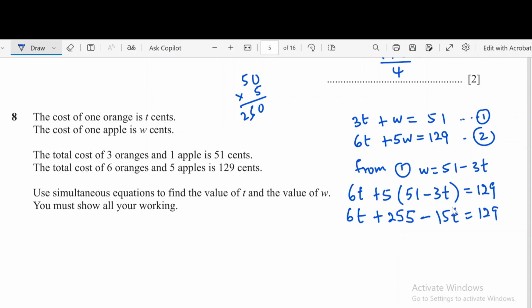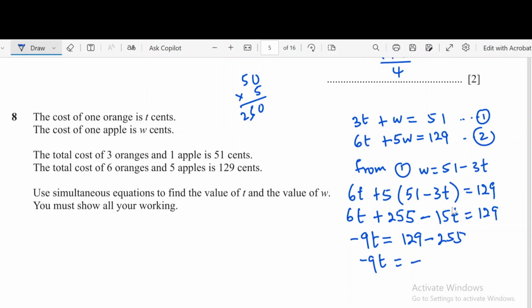Okay, so let's see what we are going to do. We can have 6T minus 15T is minus 9T equals 129 minus 255. So you have minus 9T equals, this is negative.